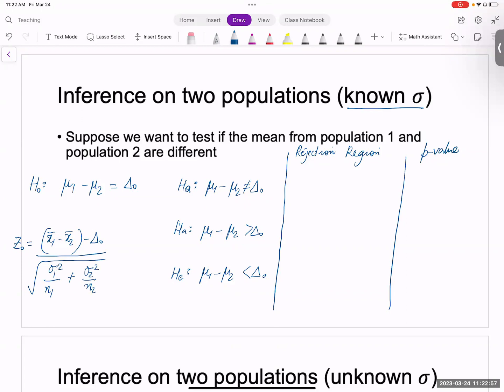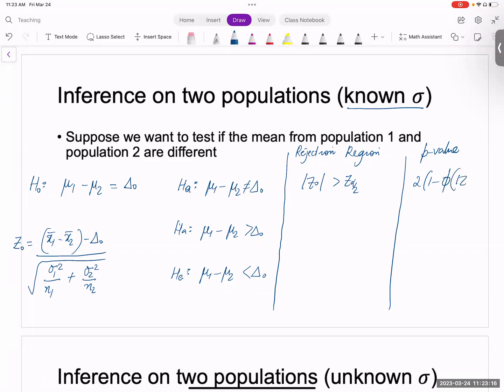All right, and now we can write down the rejection region. It's pretty straightforward. First one is absolute value of Z0 greater than Z alpha over 2. P-value is 2 times 1 minus phi of Z0. Actually, it's absolute value of Z0. So let me correct this.